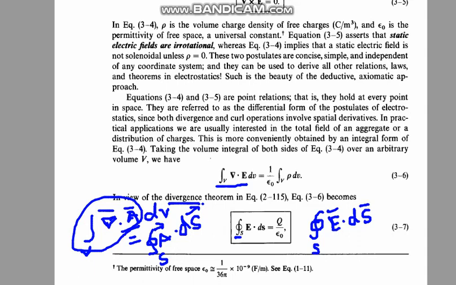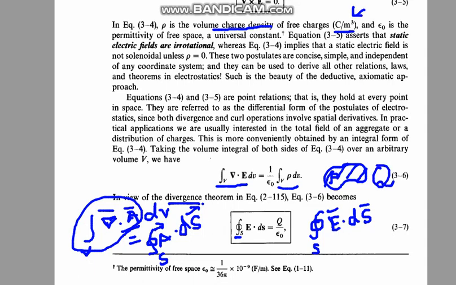As we know, in a closed surface, taking the volume integral of rho, the volume charge density in coulomb per meter cube, over the total volume gives us the total charge.